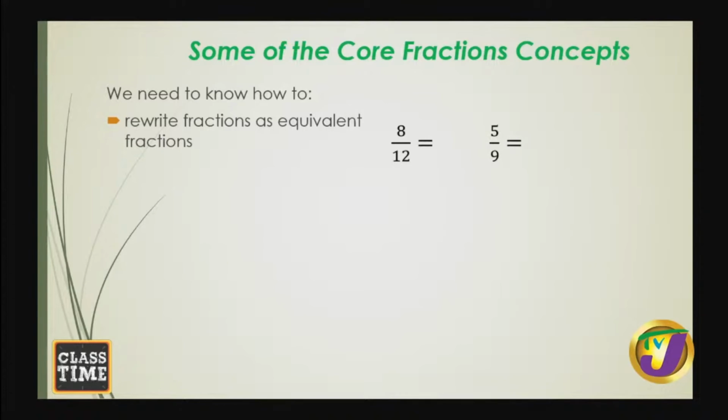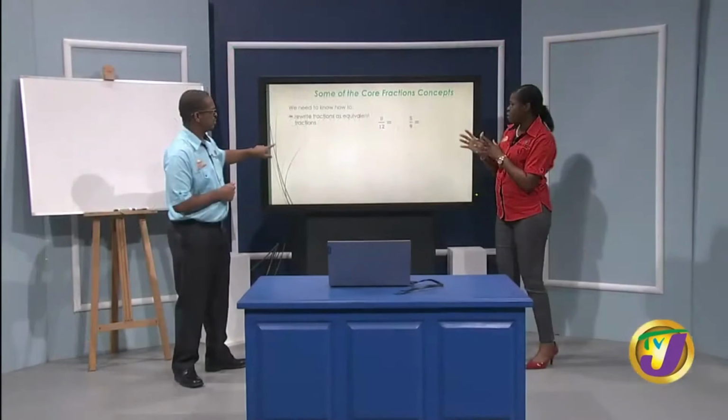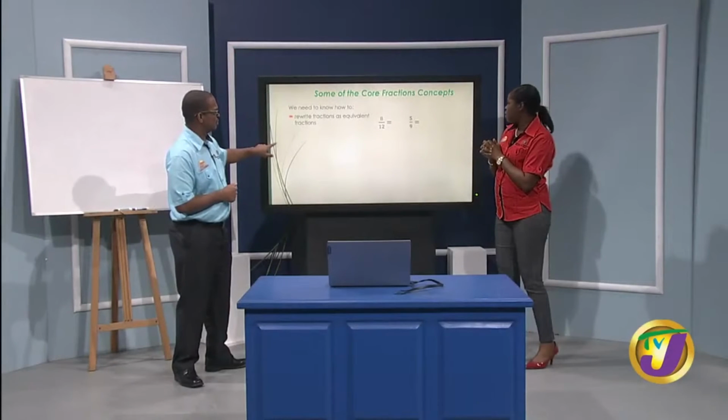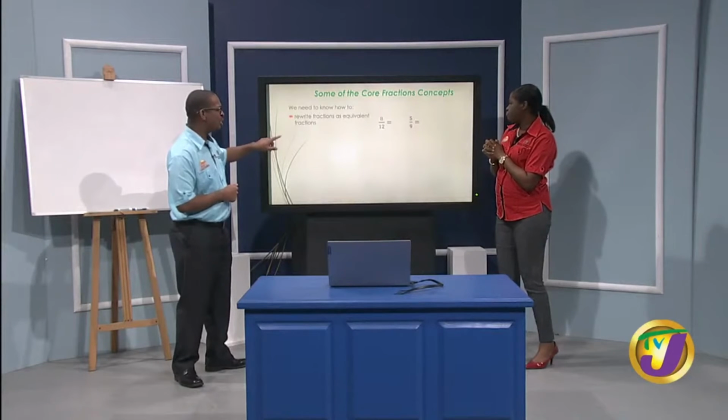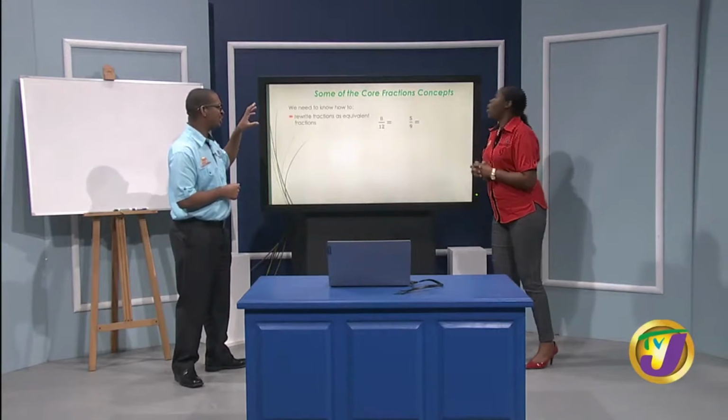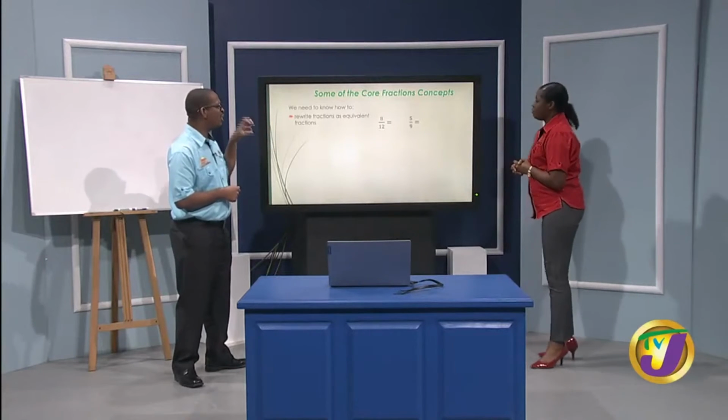An equivalent fraction means something that has the same value, but in different terms of proportion. So we need to multiply or divide, whichever operation, to express it in a reduced, smaller format, the lowest format.